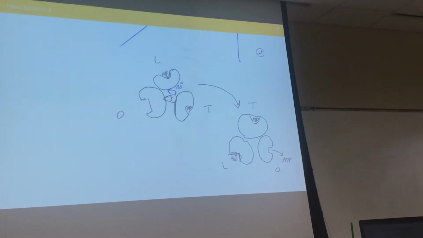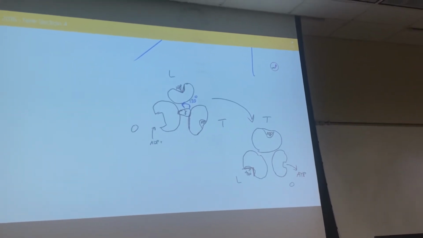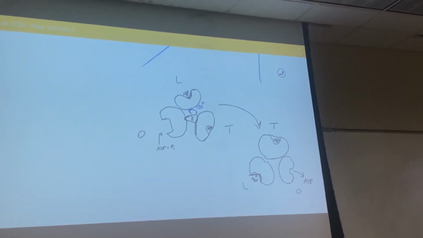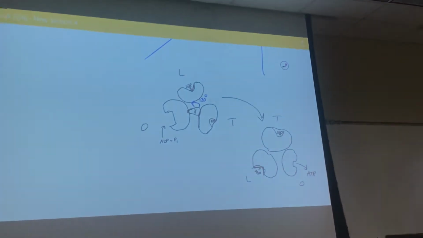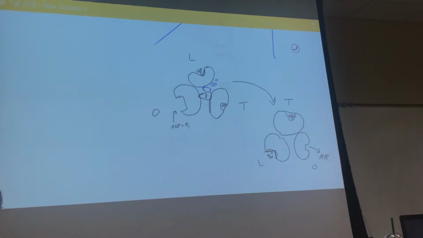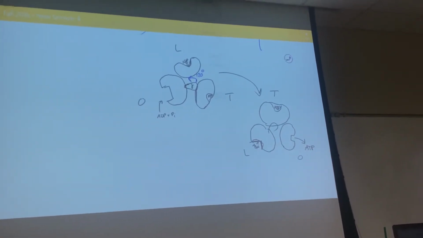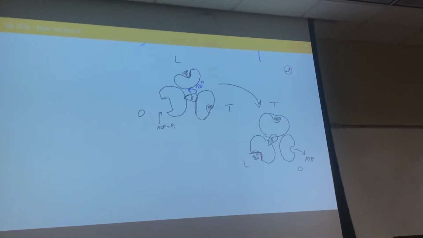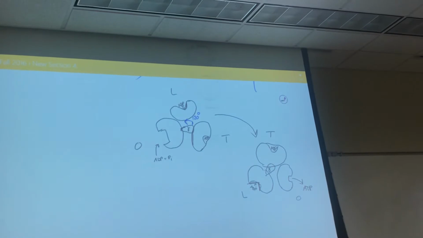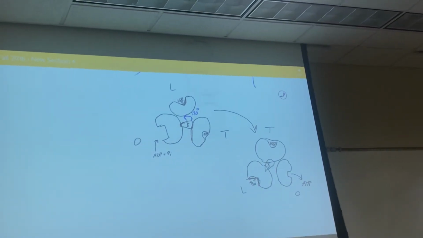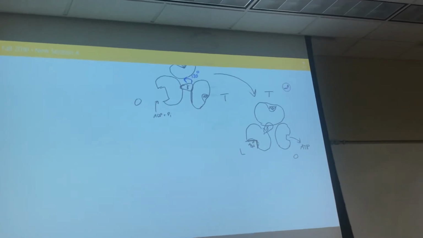So you could draw it like this. Well, that's available now. ADP plus Pi can enter if it wants to. That can leave. And then now our rotor would have turned essentially 120 degrees, and now it's interacting with it in that way. Where it was. And then we can continually go in this cycle.